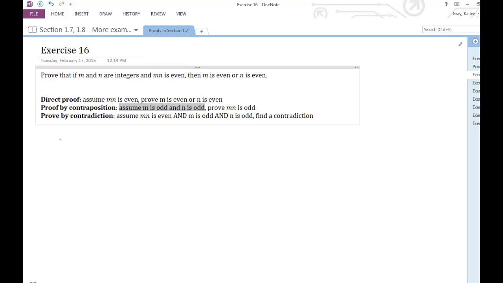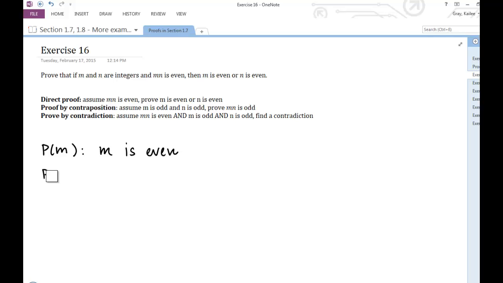So let me try to represent this symbolically. Let's let p of m be the predicate that means m is even.